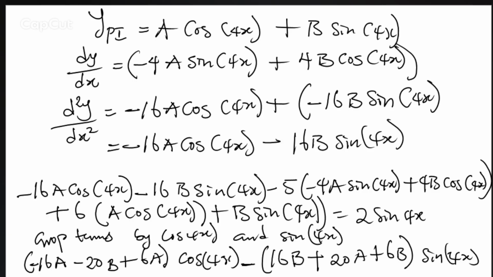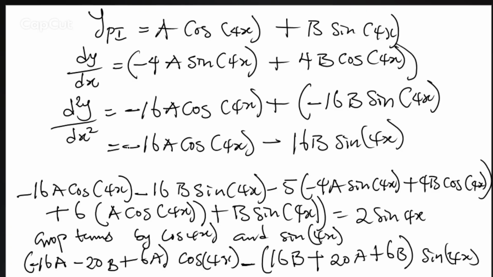And if we simplify further, what you have there will be equal to minus 10a minus 20b cos 4x. And we're still simplifying. So what can we factor out here? We can still factor out plus 20a.